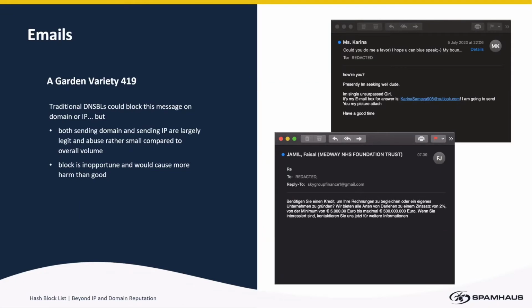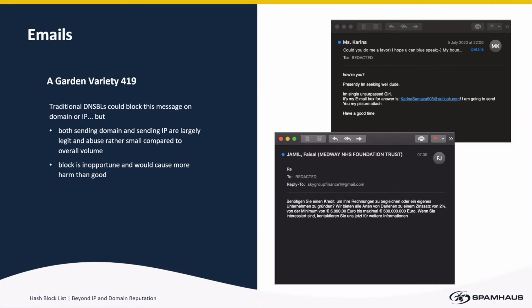But if the elements that you're looking at and blocking upon are related to these large consolidated email services, you're not going to be able to block this stuff, because it does more damage than it does good. So we're looking at these two examples right here. The first one, at the top from Miss Karina, has an Outlook.com mailbox included in the body of the email.